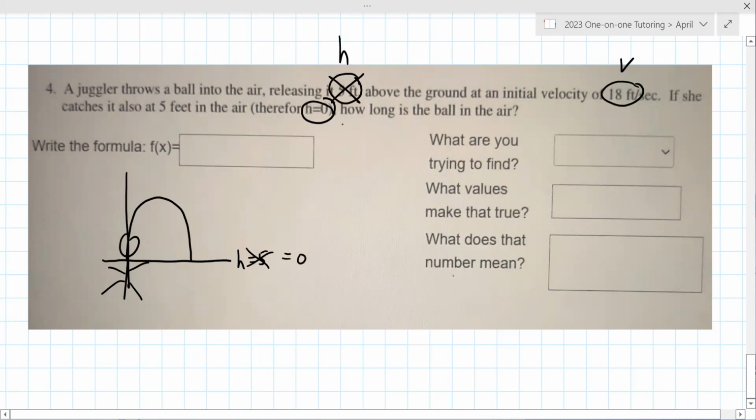G is minus 16, so it's minus 16t squared. Could you write the equation for us, please? Sure.